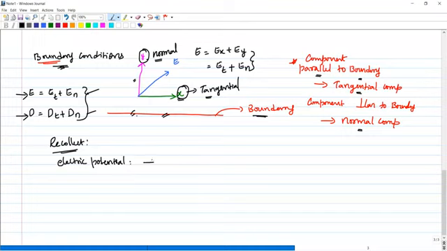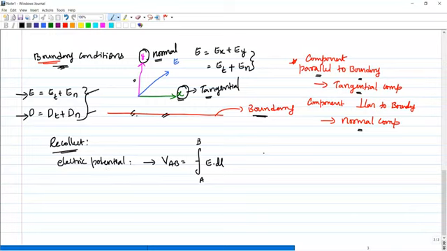So this equation that we have already derived is VAB is equal to minus the integral from A to B of E dot dl. This is the equation we derived for electric potential.